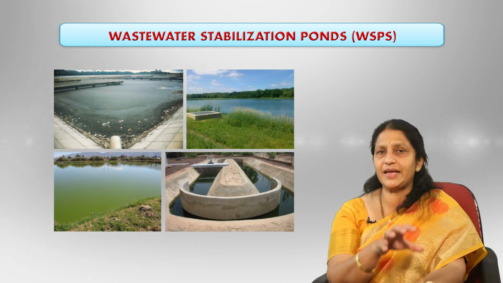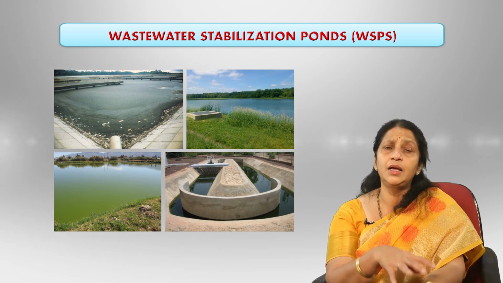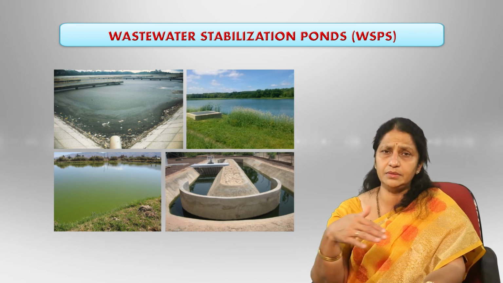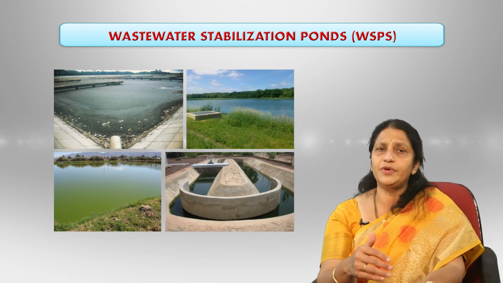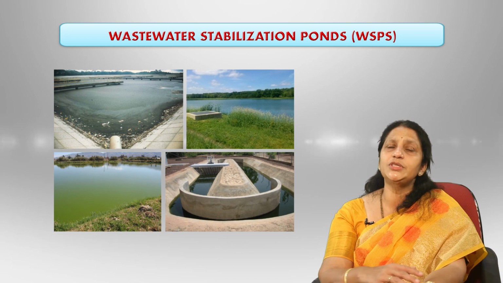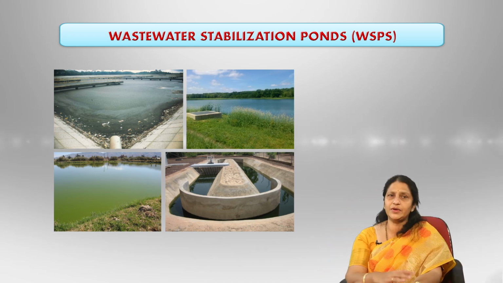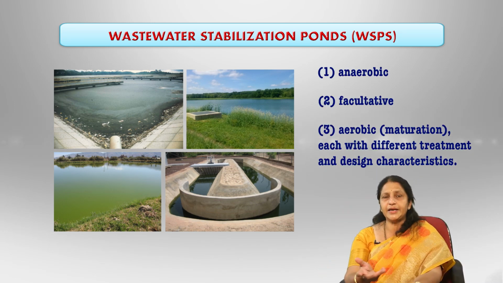These ponds can be used individually or linked in a series, that is a networking system, for improved treatment. There are three types of ponds: the anaerobic pond, the facultative pond, and the aerobic pond. Each one has different treatment and design characteristics.